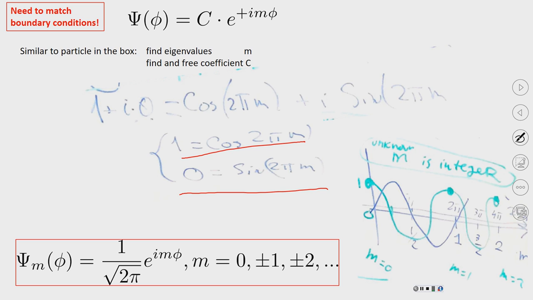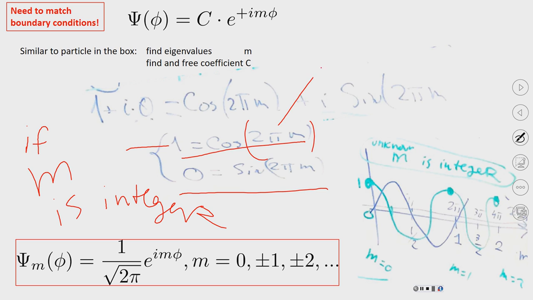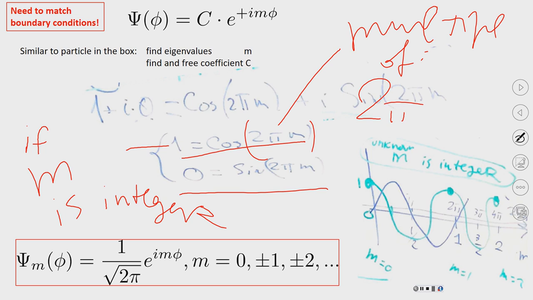So if m is an integer, this equation is fulfilled. Argument is a multiple of 2 pi.